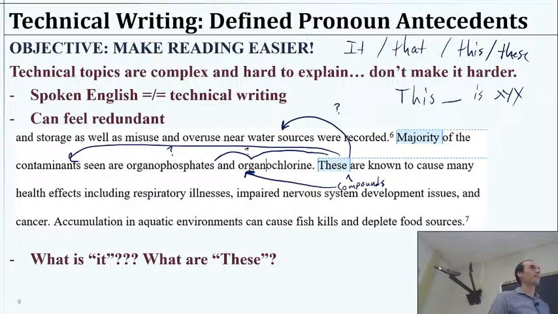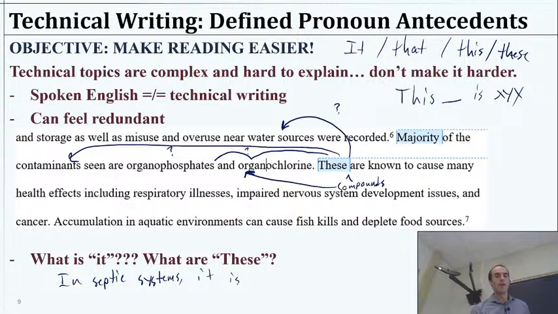In septic systems, it's something. Okay. Right, is that a pronoun? This is a very good question. So in septic systems, we'll say, maybe we'll say "it is common," and then we'll leave off there and just imagine the rest of the sentence.